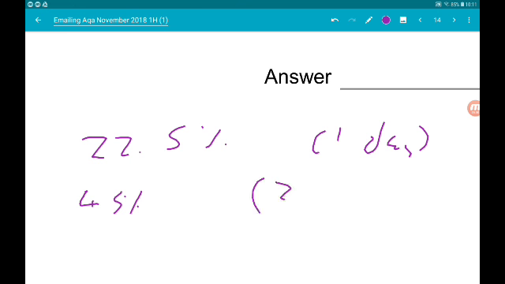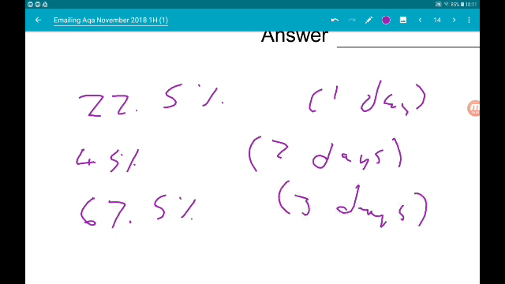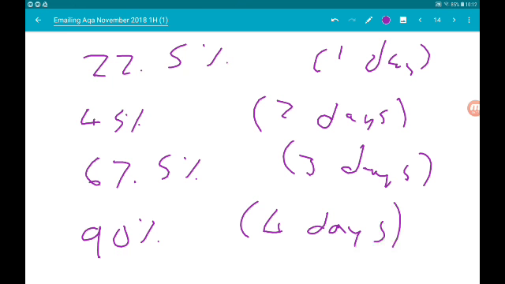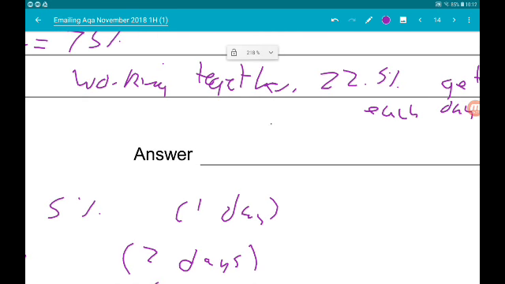Remember that we need 75% done. So another day, it's going to be 67.5%. It's 3 days. So after 4 days, they would have completed 90%. Now they only need to complete 75%, so it's going to be on the 4th day. Cool.